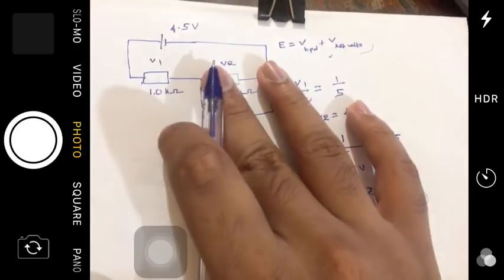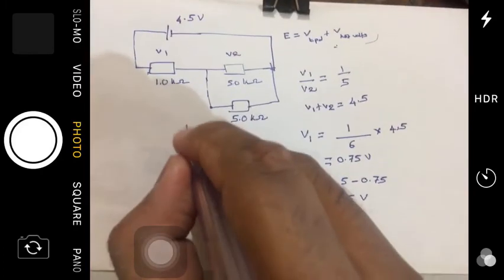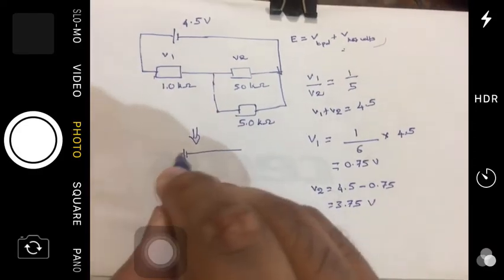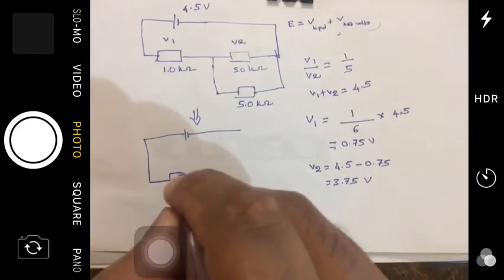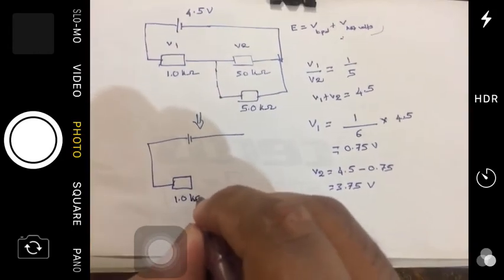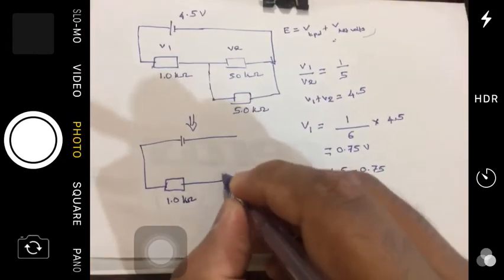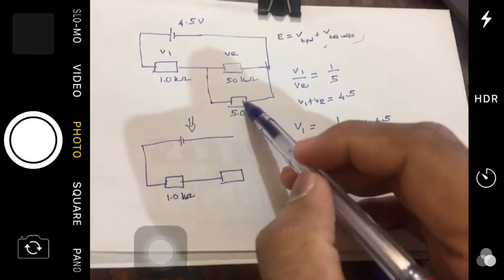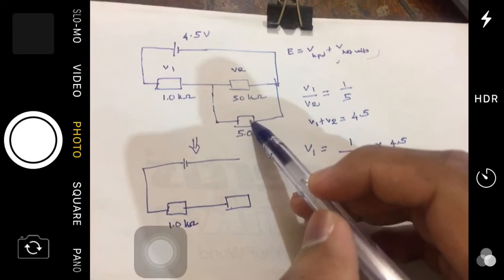Now nothing would change except the equivalent case: here we will have the 1 kilo ohm, but you have two 5 kilo ohm resistors connected in parallel.